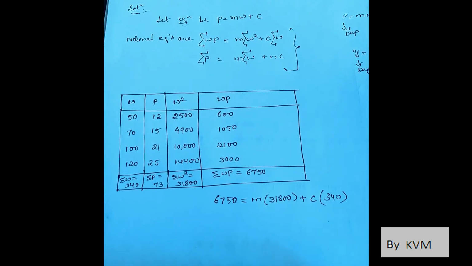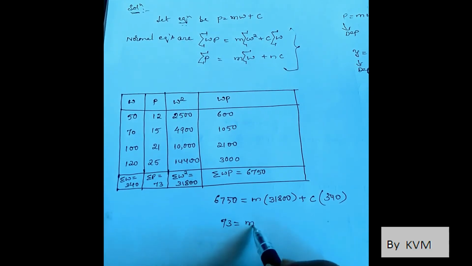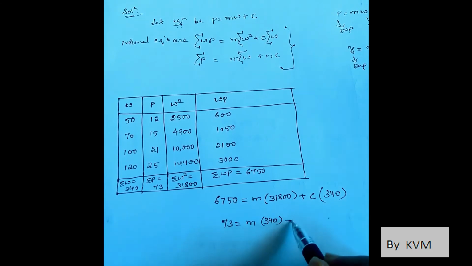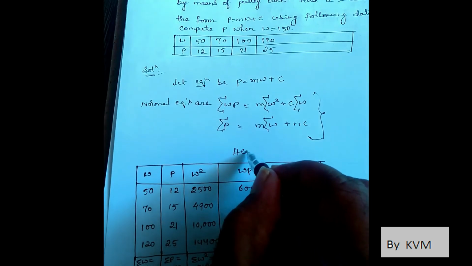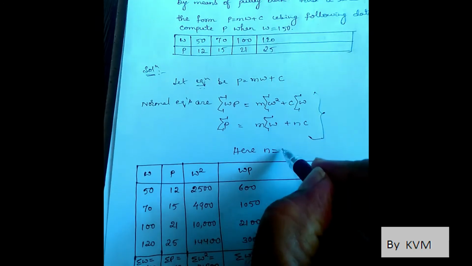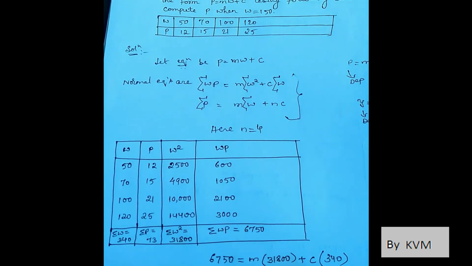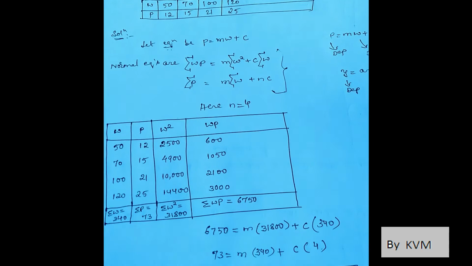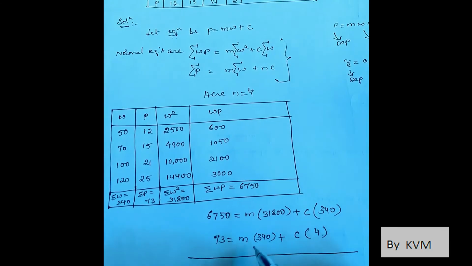Then the second normal equation: sigma P is 73, equals m into sigma W, 340, plus n into c. Here n is the total number of values given, that is 4. So c into 4. After substituting the values, solve these two equations to find the constants m and c.